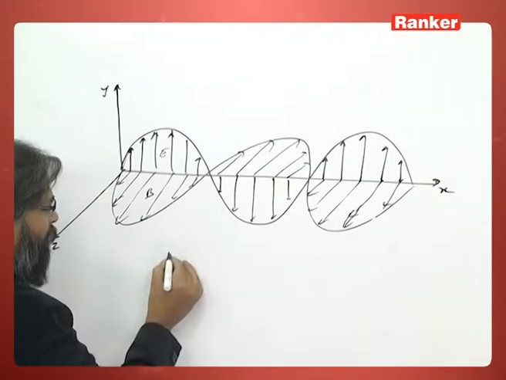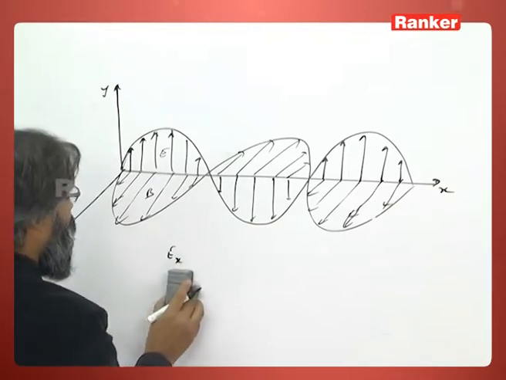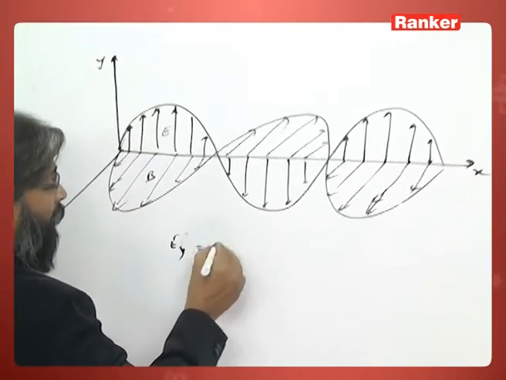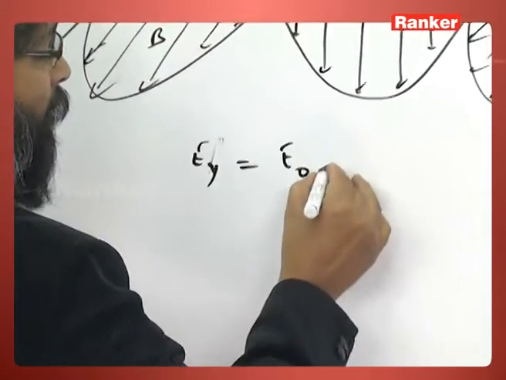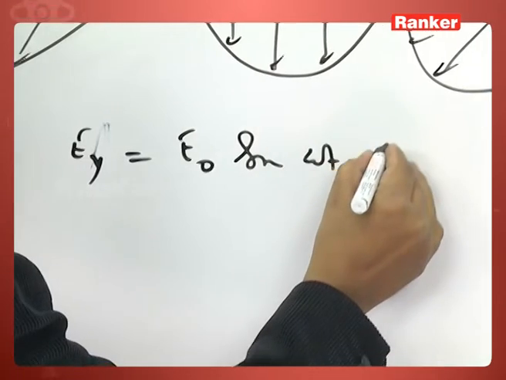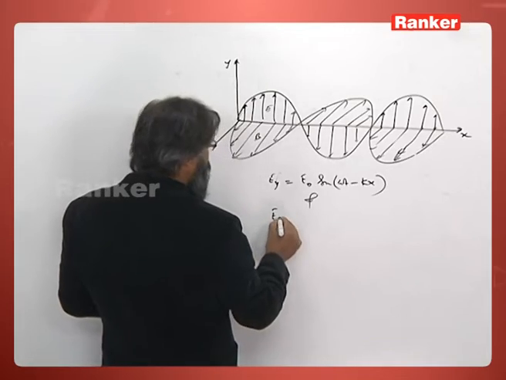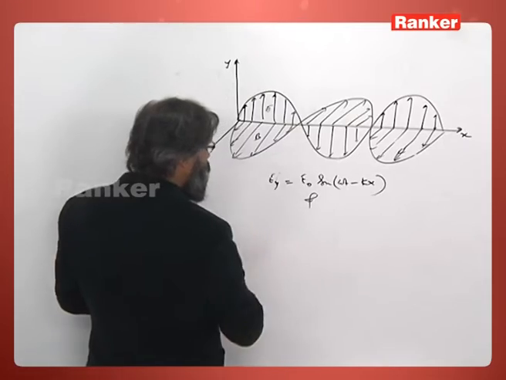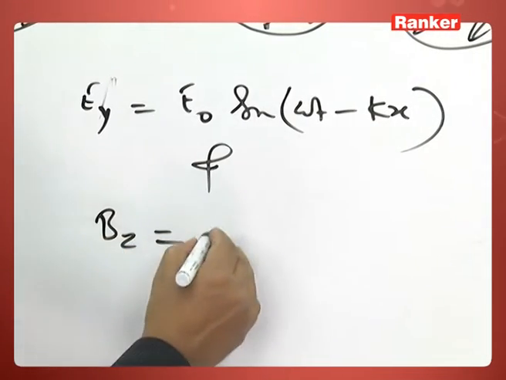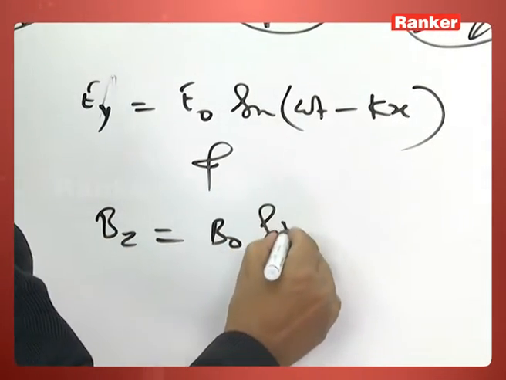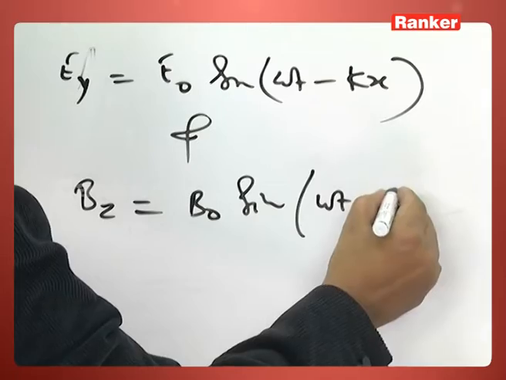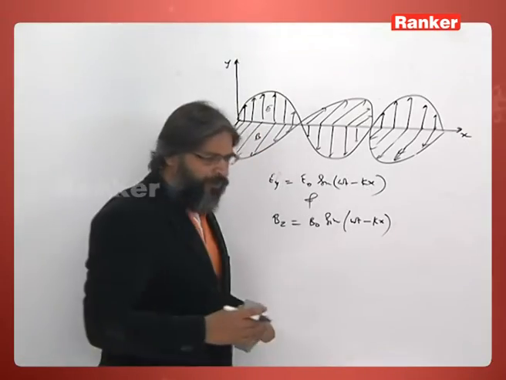Now, this E can be written as E along Y. So E_y is equal to E naught sin(omega t minus kx), and B_z is equal to B naught sin(omega t minus kx).